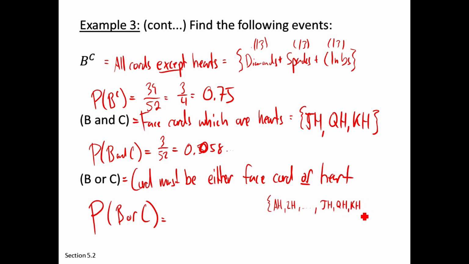That gets me all the hearts, but now I have to throw in all the other face cards: the Jack, Queen, and King of Diamonds, and the other 3 suits as well. I don't need to re-add my hearts face cards because they're already there. So there's 13 to begin with, plus 9 more face cards. So there are going to be 22 cards here.